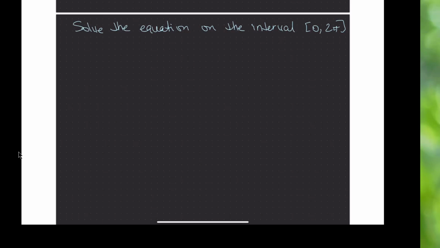But let's try a cosine. And instead of just an x, let's say they give us a double angle, so they give us cosine of 2x. And they want to know when that equals the square root of 2 over 2.